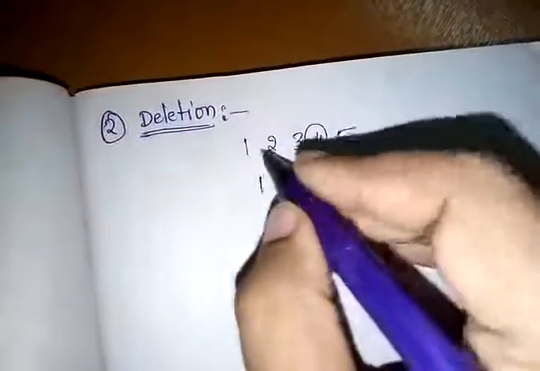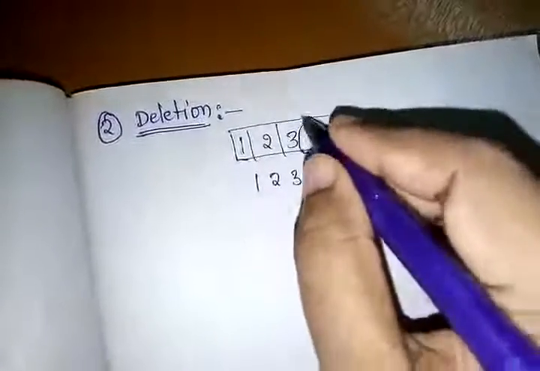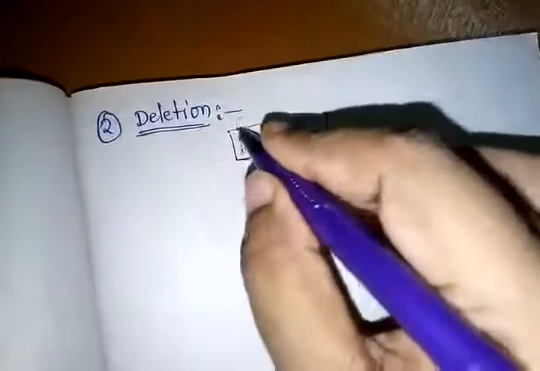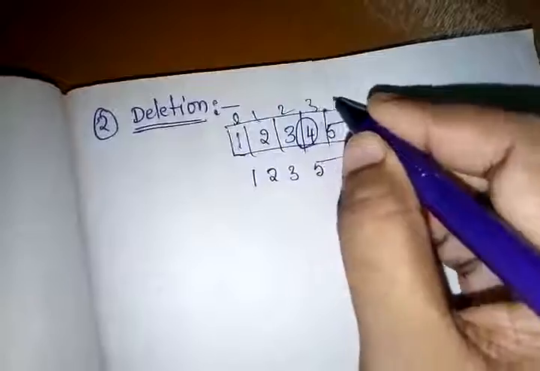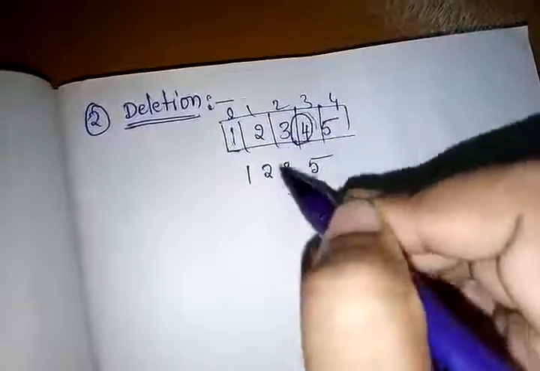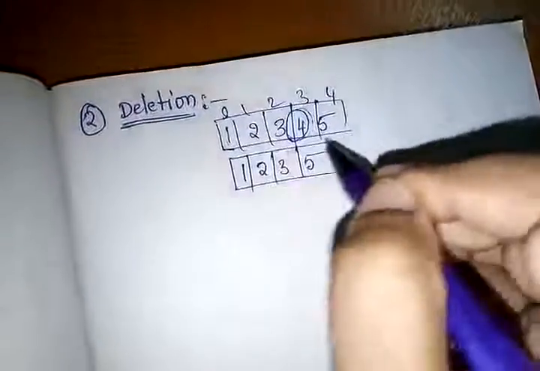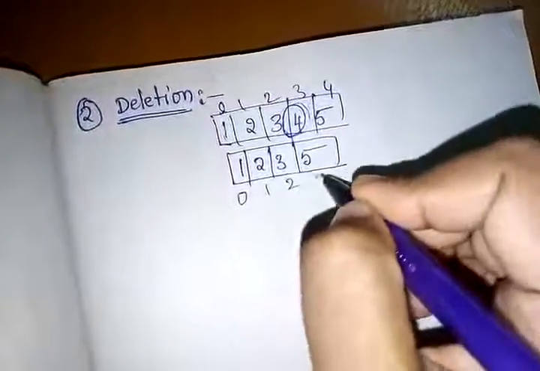Let us think of this sequence as an array, and the indexes start from 0 1 2 3 and 4. When you delete the element, the resultant array would look like this: 0 1 2 3.